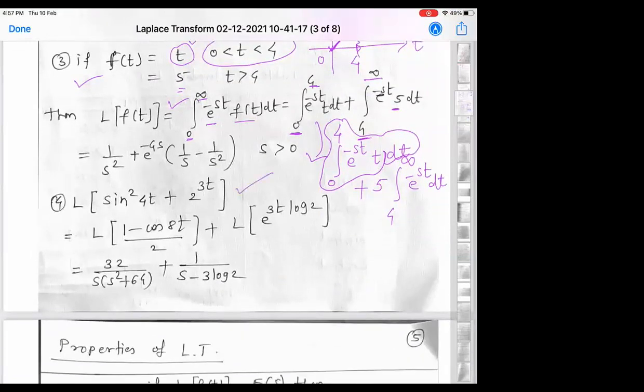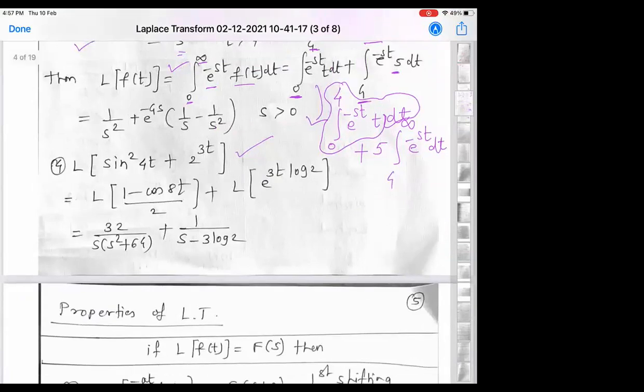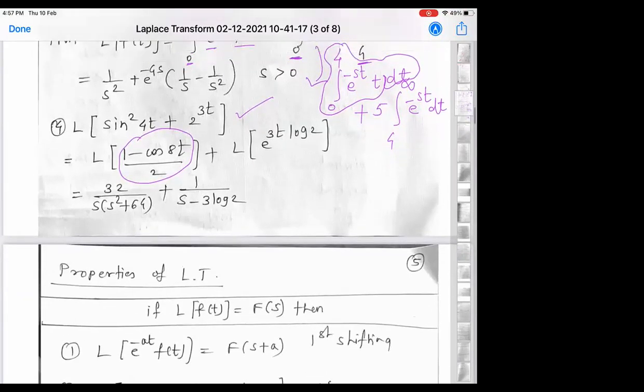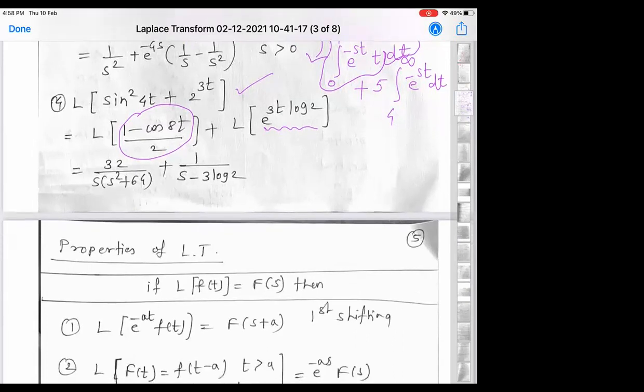Question A, example number 4, sine square 4t plus 2 raised to 3t, which is calculated from the trigonometric formula. The sine square theta formula is first of all used, and then for separating them we have used the Laplace transformation. And 2 raised to 3t, like in the previous case I have given you the answer for 2 raised to t, the same thing. It is expressed in the exponential form, e raised to 3t log 2, and then simplified by standard results as such. Okay.